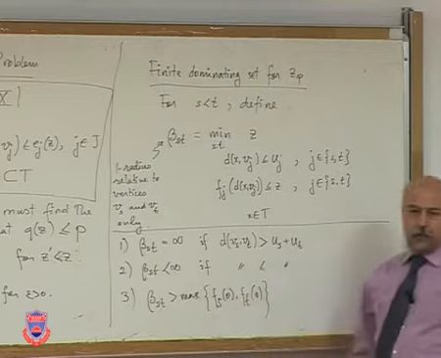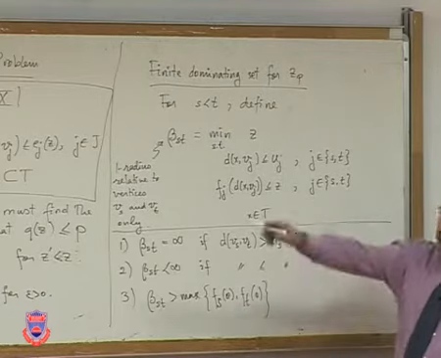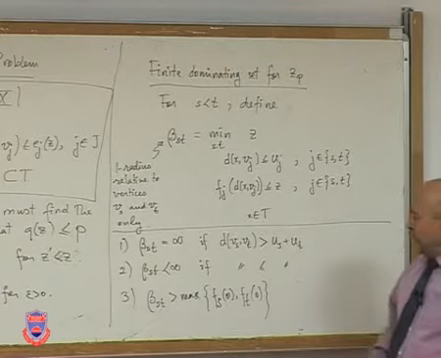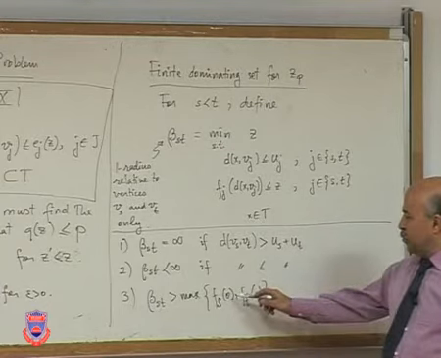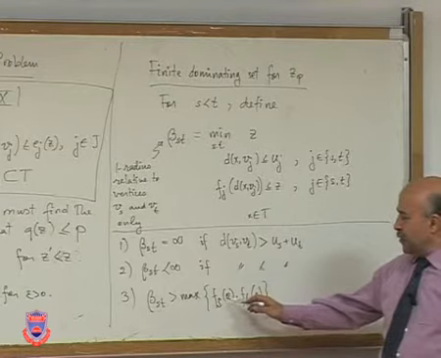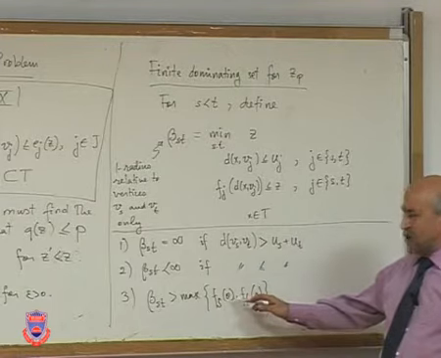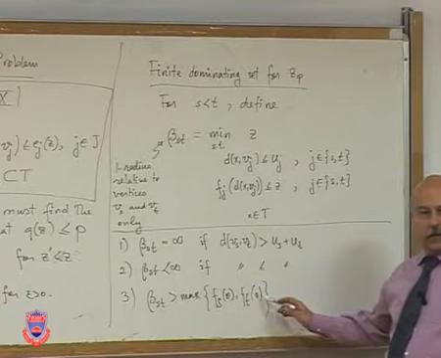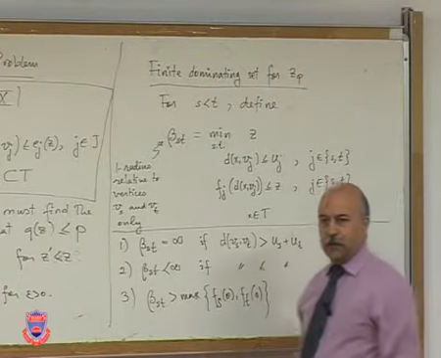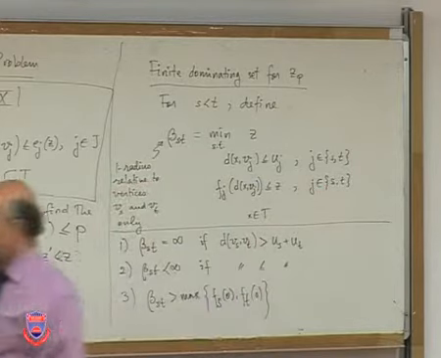Why is this last one true? For the same reason that I told you related to alpha before. Even if you put your point on top of vertex S, you will incur at least a loss of fs of 0. In the other case, it will be at least ft of 0. So whichever one is larger, that will certainly be unavoidable. Okay.